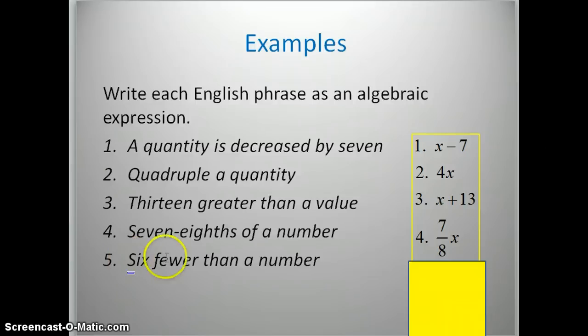The order that the values are written in English is not the same order that we write them mathematically. So for this example, we have 6 fewer than a number, and notice that we put our number first, x, then the minus, and then the 6 comes after. So it's really important that you be careful with that order.